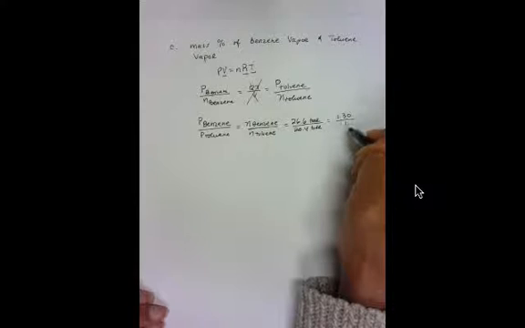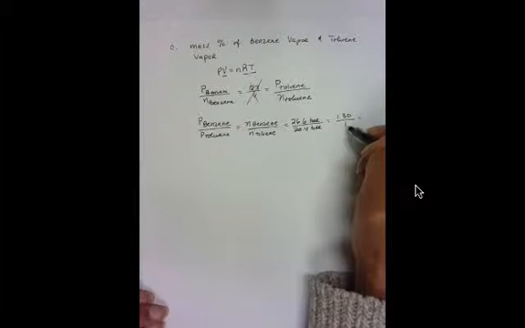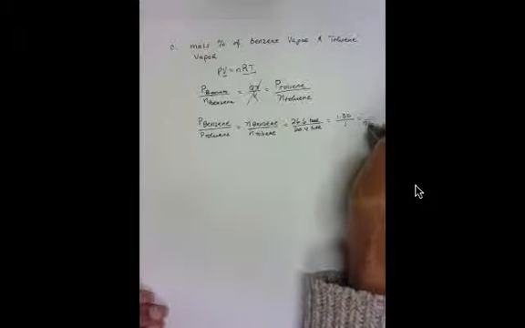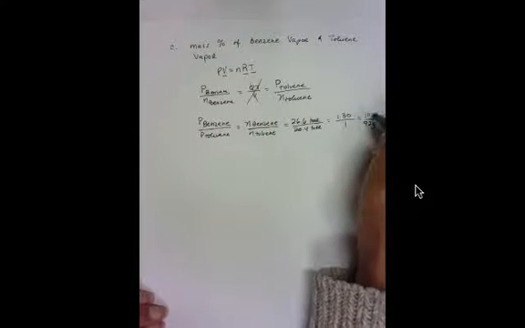If we convert these values from moles to grams, we get this value. So 1 mole of toluene is 92 grams, and 1.3 moles of benzene is 101.4 grams.